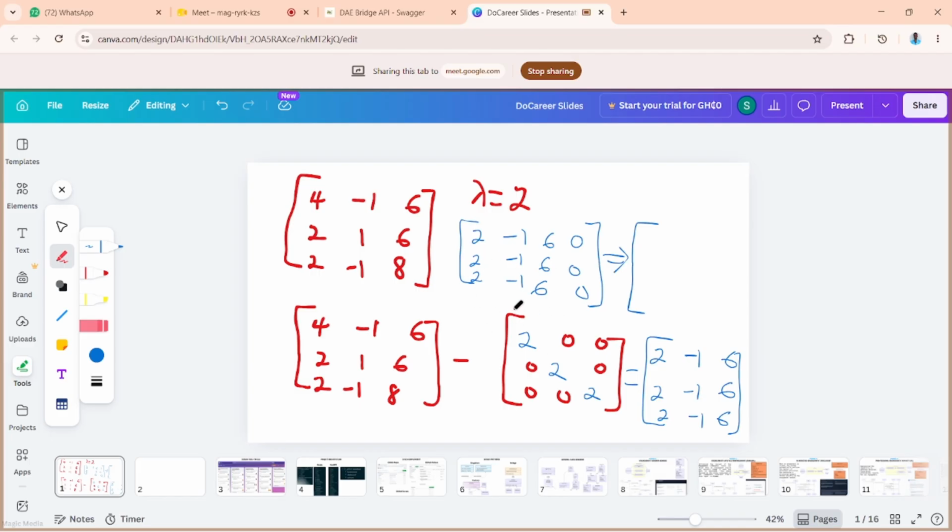Let me write the first one because I know the first row is like that. 2 minus 2, this minus this will give you, and this also, and then 6 minus 6 is also 0.